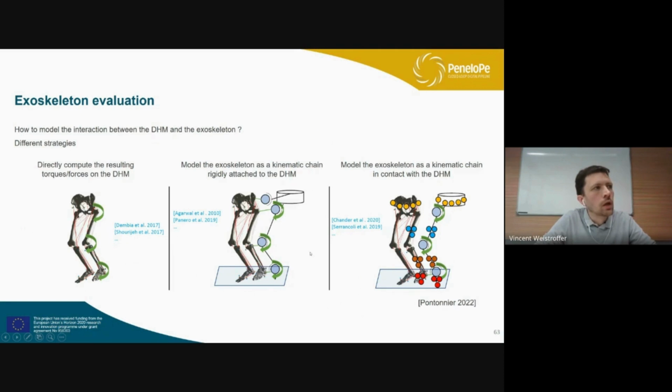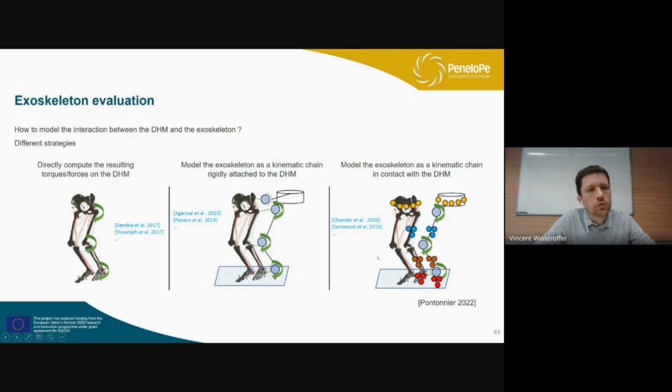And this kinematic chain would be rigidly attached to the digital human model. Those are the small lines you see here. These are rigid links between the exoskeleton and the digital human model. And by giving actuation forces on the exoskeleton, you are able to move the digital human model, and then you use your biomechanical simulation software to compute the joint torques on the digital human model, etc.